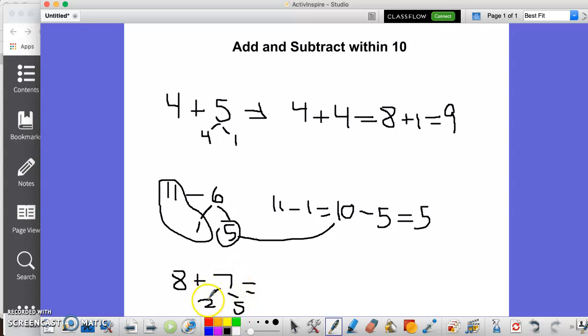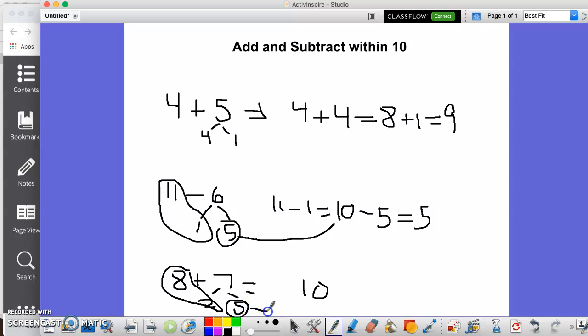That's my number bond right there. So I'm going to add the 8 and the 2 first. 8 plus 2 is 10. Then I have an extra 5 that I need to add on over here. So I would have 10 plus 5 is equal to 15.